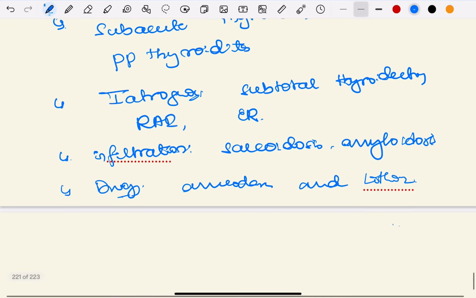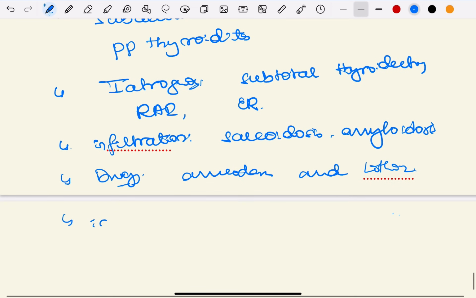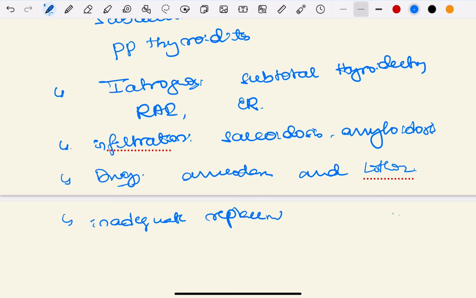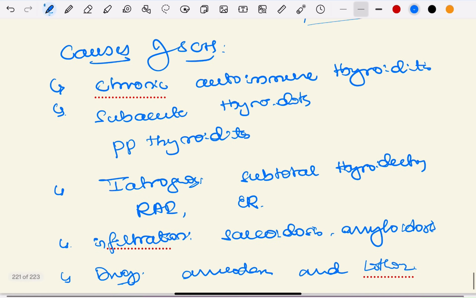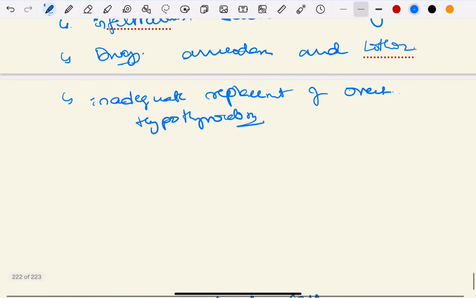And obviously, don't forget inadequate replacement of overt hypothyroidism. If you don't correct it properly or use an inadequate dose, it will cause a subclinical hypothyroidism picture. Okay, so these are the causes of subclinical hypothyroidism.